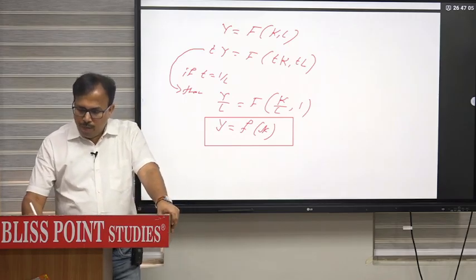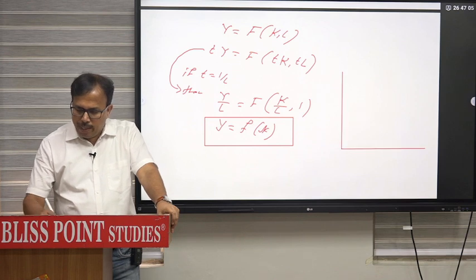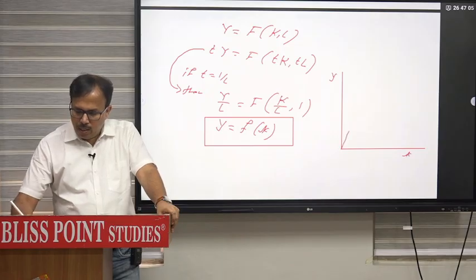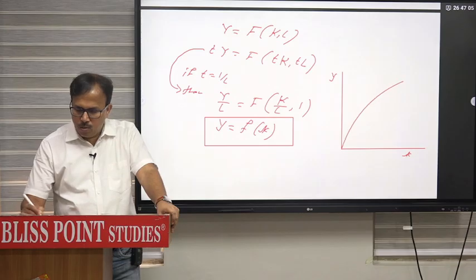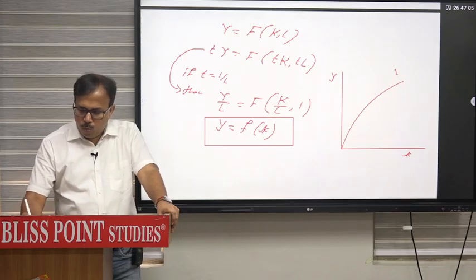So y as a function of k actually implies that if you plot y and k, it is increasing at a decreasing rate. You have already drawn that.